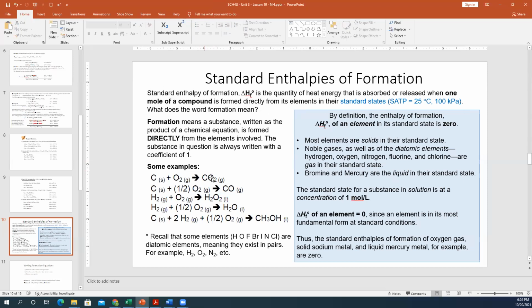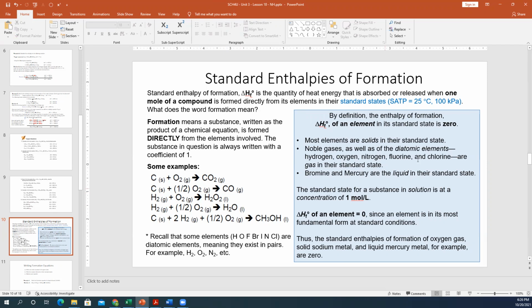So if you notice, for all of these compounds, there's no coefficient, it's just 1. So there's not 2 CO2s, 5 COs, 6 H2O2s, it's 1 because you're looking for the formation of 1 mole of compound. So here are some examples of these.